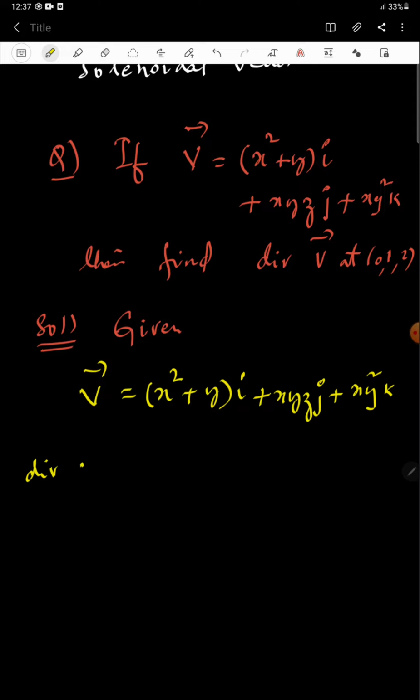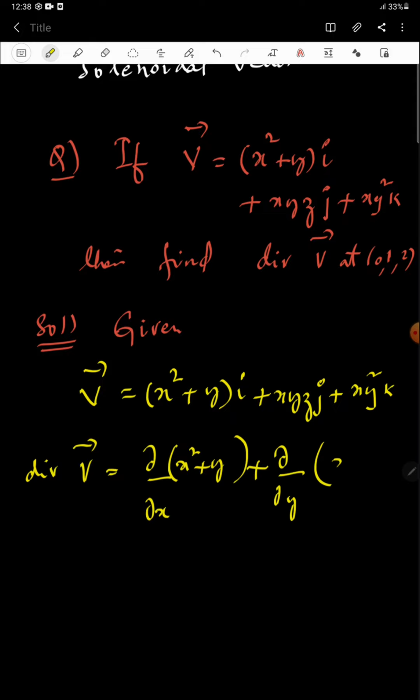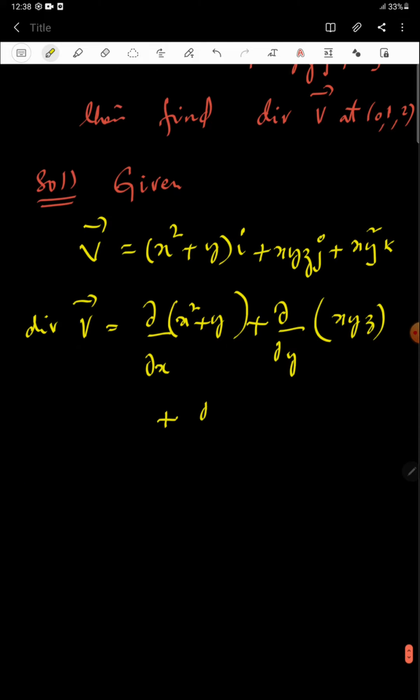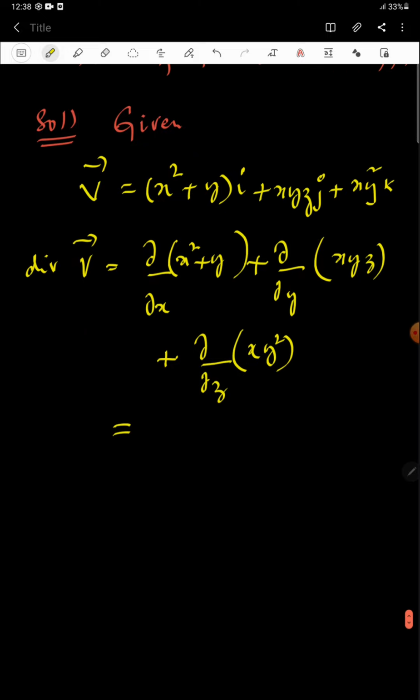Divergence of this v is so simple. We take ∂/∂x of only the i coefficient, that is x square plus y, and then add the partial derivative with respect to y only for the j coefficient, and then add the partial derivative with respect to z only for the k coefficient, that is xy square. So the resultant scalar is called the divergence.